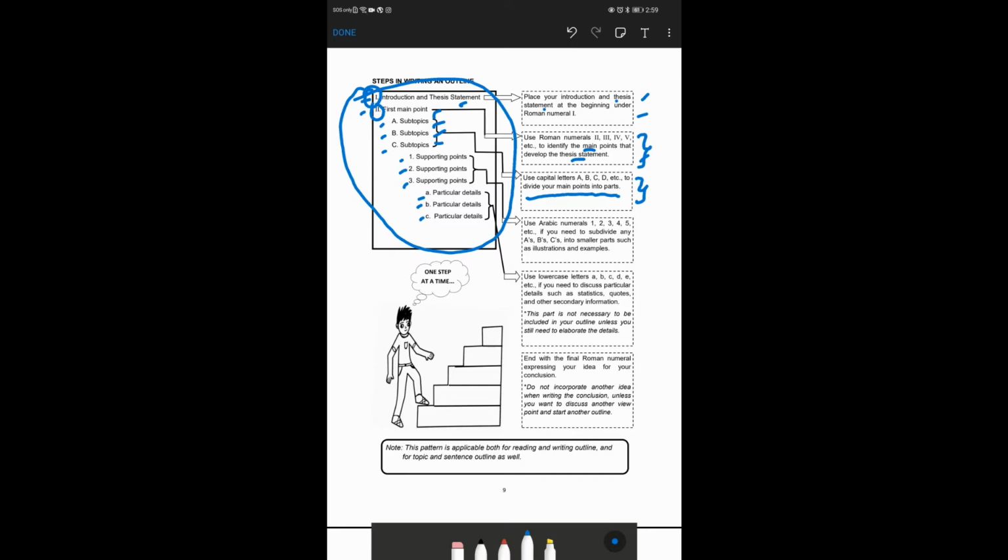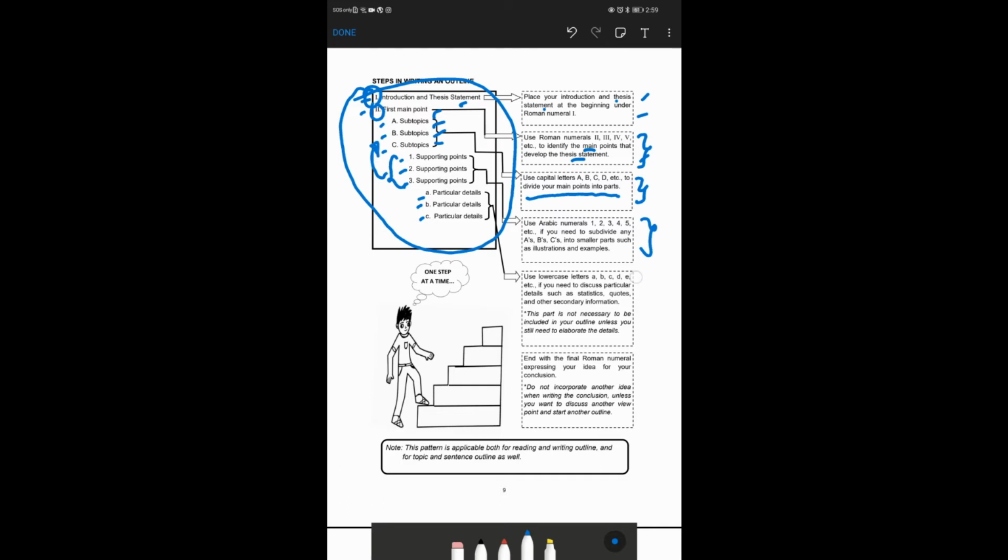Okay? And then, for the Arabic numbers naman, yung 1, 2, 3, 4, 5, etc., you will use them if you need to subdivide the capital letters or the subtopics, okay, into smaller parts such as illustrations and examples. So ito yung mga pang-explanation pa ng mga subtopics.